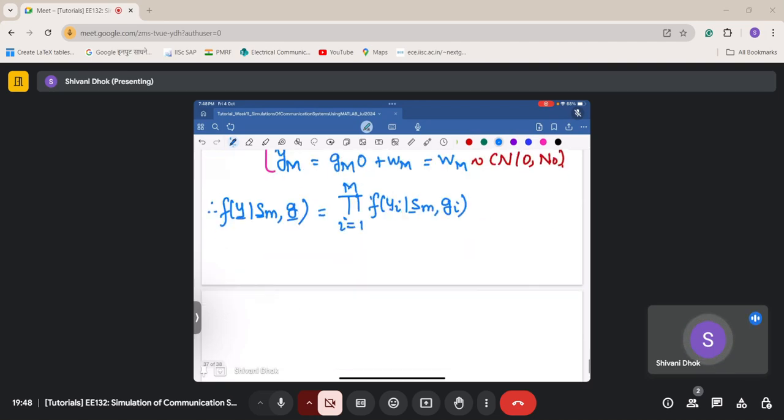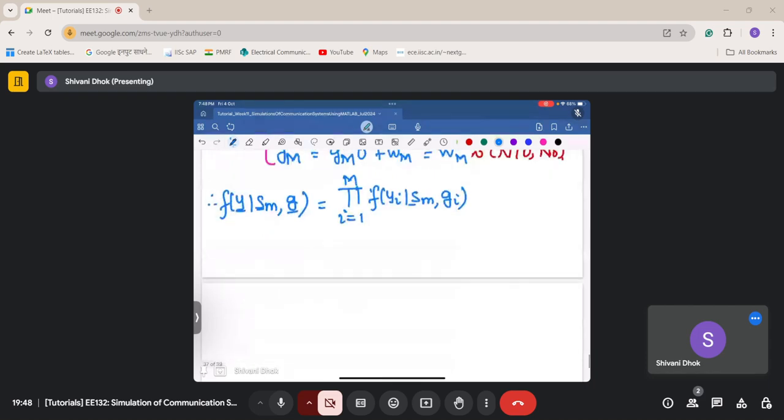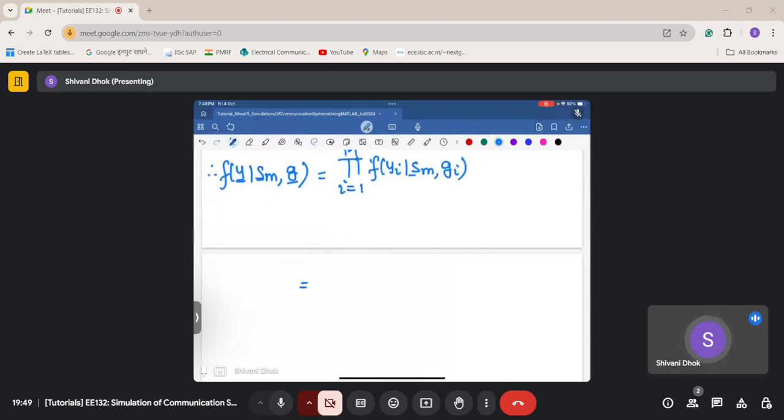So this I can write as, again I can split like the previous one: ym given Sm and gm, multiplied by the product of i equal to 1 to m, i not equal to m, of f of yi given Sm and gi.